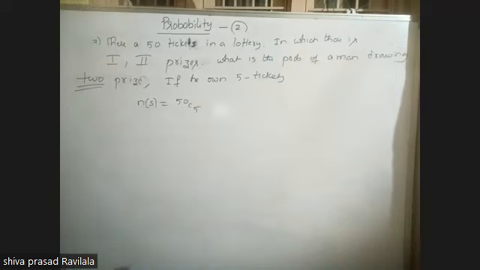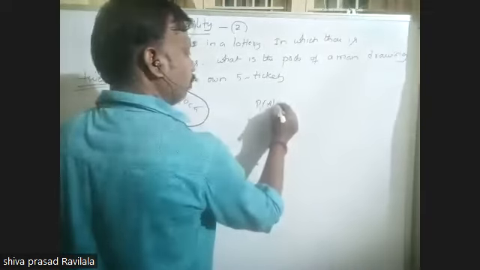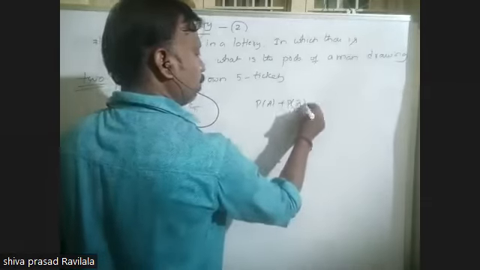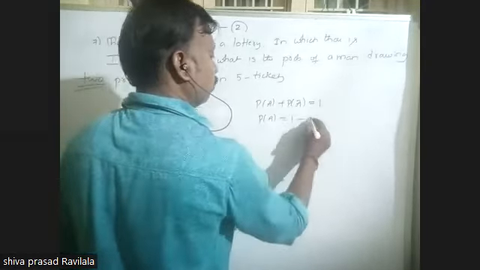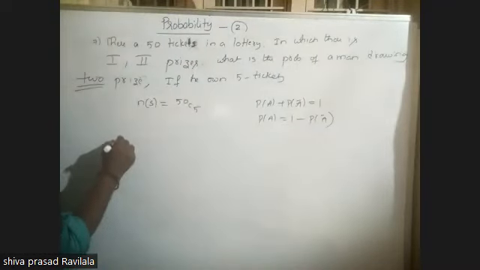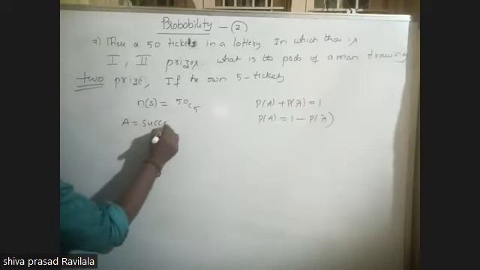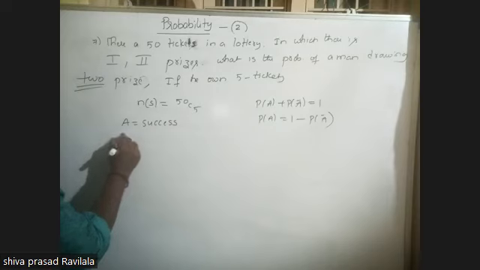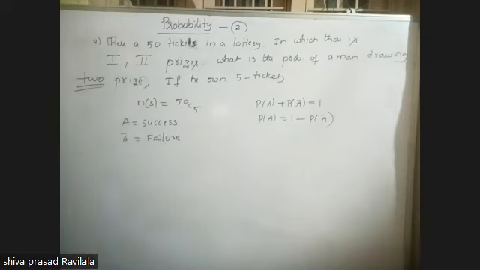Second, what is the probability of a man drawing the 2 prizes? Again the same condition: probability of A plus probability of A complement is equal to 1. That is, probability of A is equal to 1 minus probability of A complement. Here A is the success case, and A complement is the failure, not getting a prize.